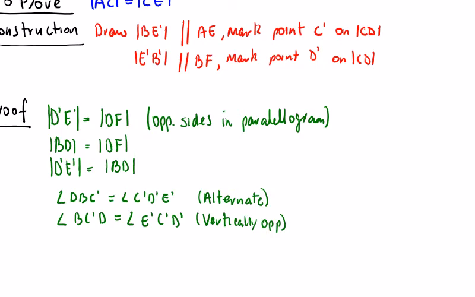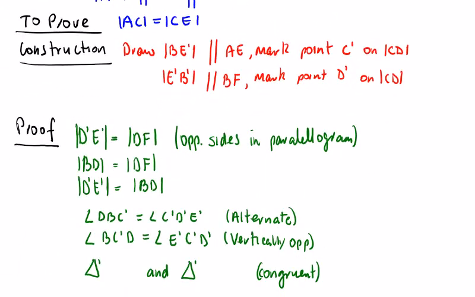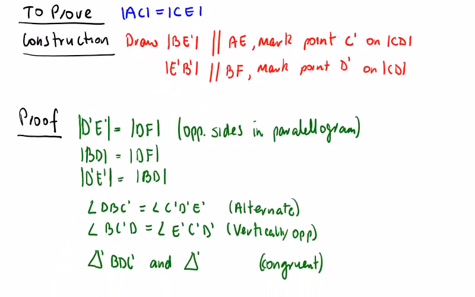So now we can say that these two triangles are congruent. I'll just get the letters now. What are the two triangles? We have triangle BDC prime, and triangle E prime, C prime, D prime.